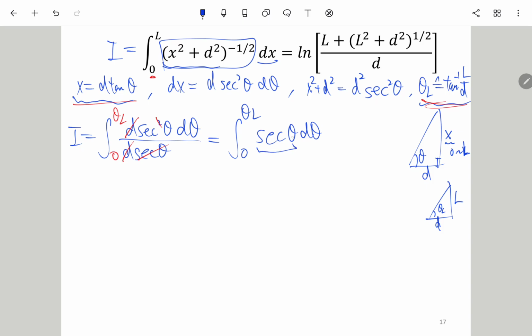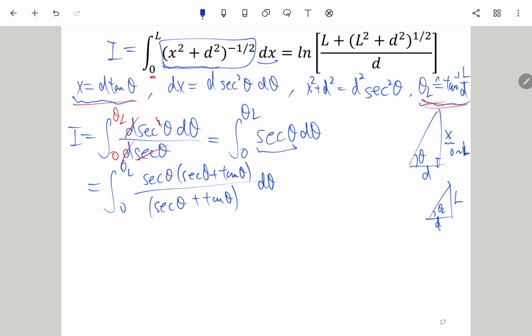Then to integrate this secant theta, we have a quick trick. We multiply secant theta plus tangent theta in both the numerator and denominator, so it doesn't change anything.